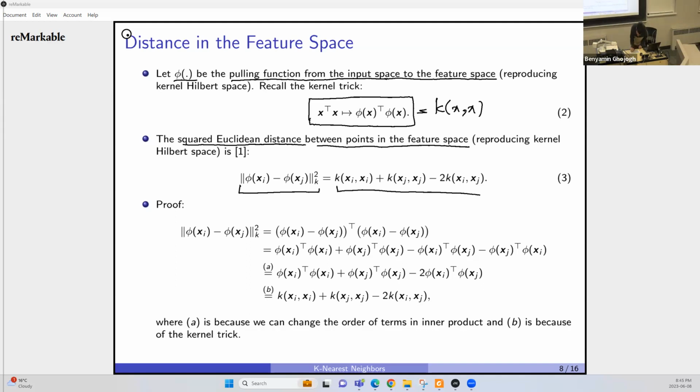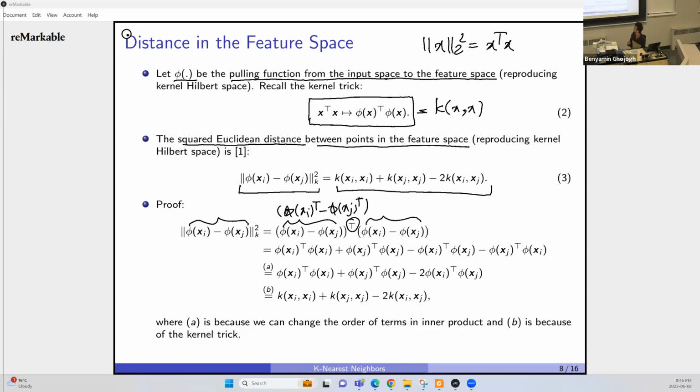Now, we will see that it will be like this. Here is the proof. Recall this formula. This is quadratic, x transpose x. Now I take this transpose, I apply the transpose into the parentheses, so this becomes phi of xi transpose minus phi of xj transpose.